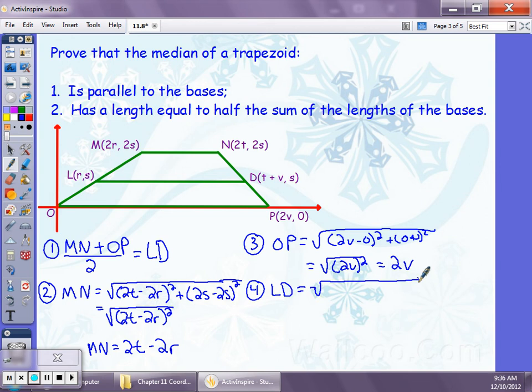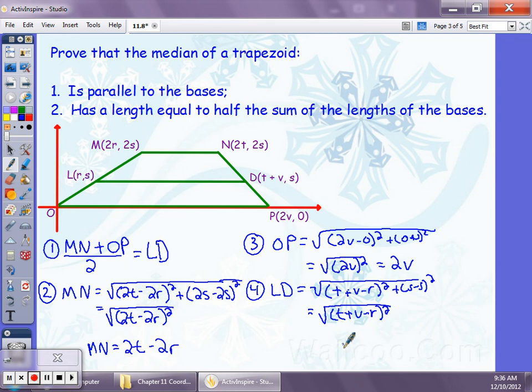So LD is going to have a distance of T plus V minus R squared plus S minus S squared. Okay, so this is going to give me T plus V minus R squared, and S minus S is 0, and 0 squared is 0.